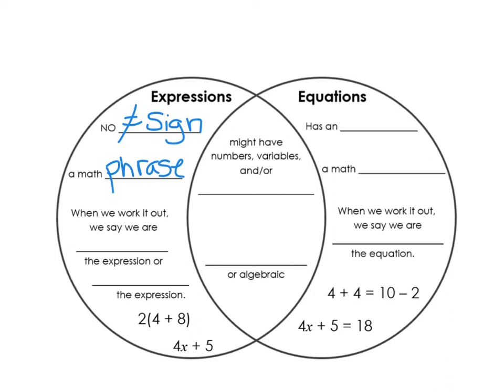And when you think about English, a phrase is something that's incomplete. So it's not necessarily a complete thought, right? Because here it just said x times y. Well, x and y could be anything, right? When we work it out, we usually say evaluating, or we say simplifying.